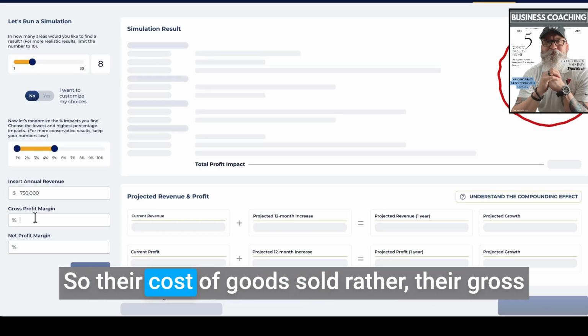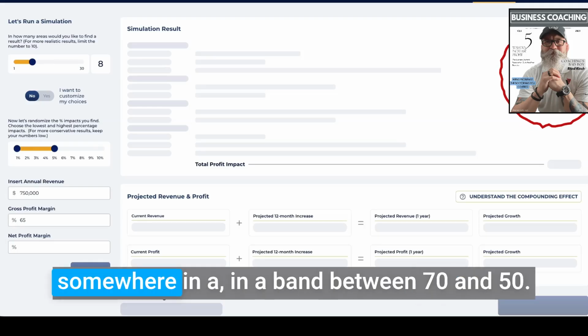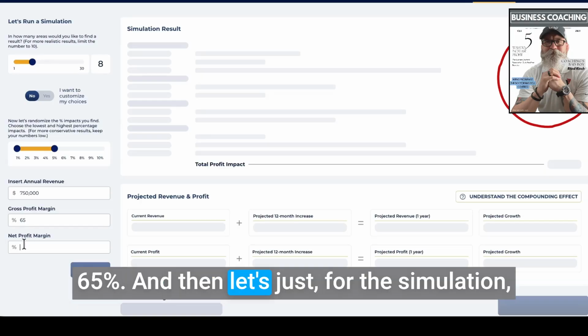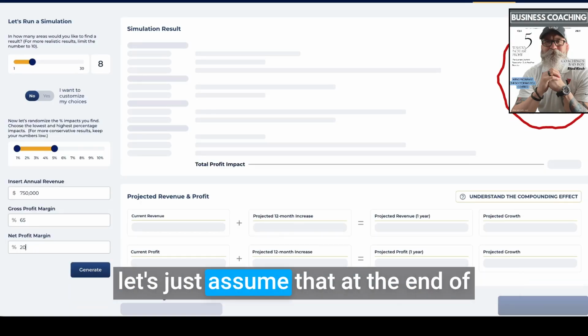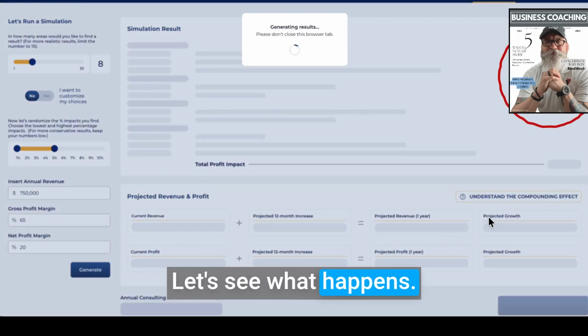So their gross profit margin is going to probably be 65%, somewhere in a band between 70 and 50. So 65%. And then let's just, for the simulation, assume that at the end of the day, their net margin is 20%. Let's see what happens.